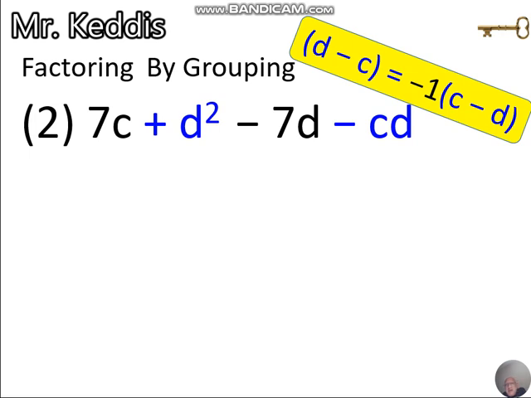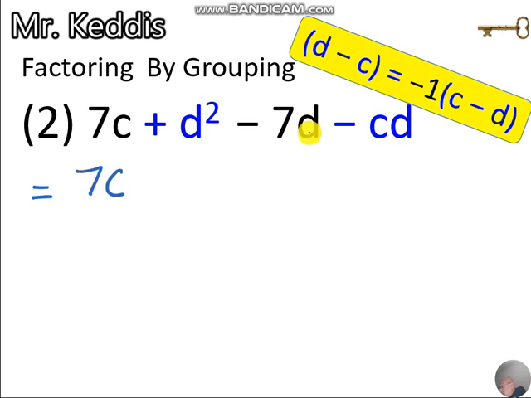To factor 7c plus d squared minus 7d minus cd, I have to combine the terms 7c and 7d. Equal under equal, 7c under 7c.